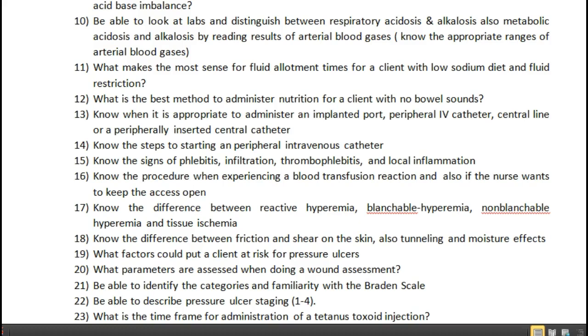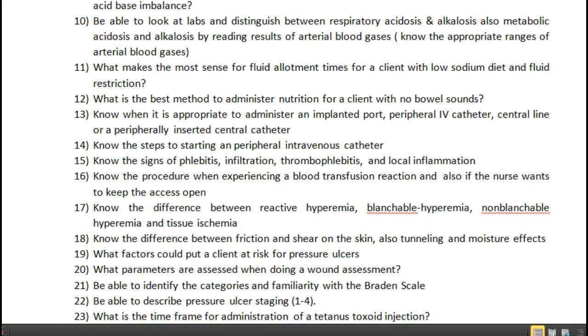For instance, let's say we have another situation where you might have somebody vomiting.